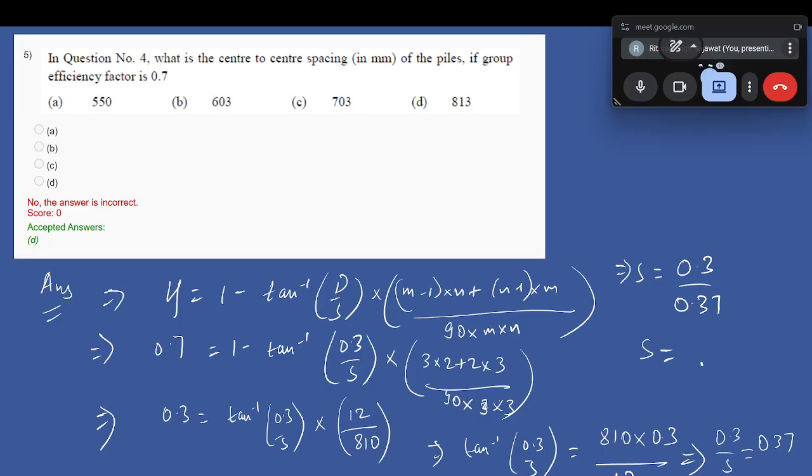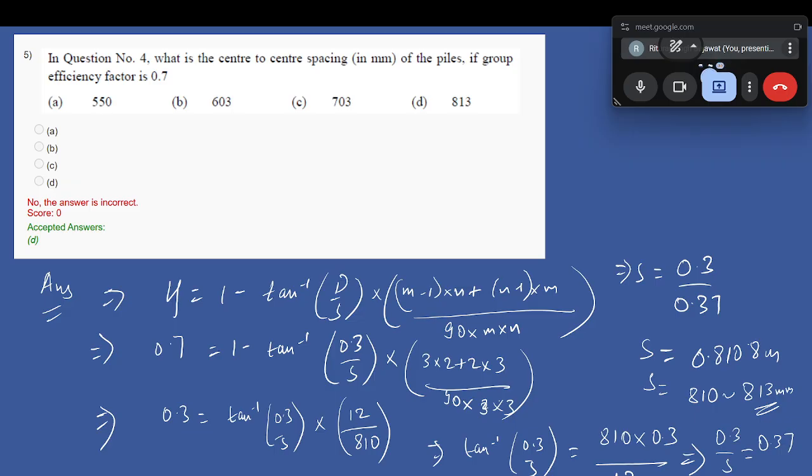Okay, so the answer I'm getting is 0.8108. Okay, it's in meter. In the question it has been asked in mm. So 810.8 mm I'm getting, which is closer to option D. Yeah, 813 mm.